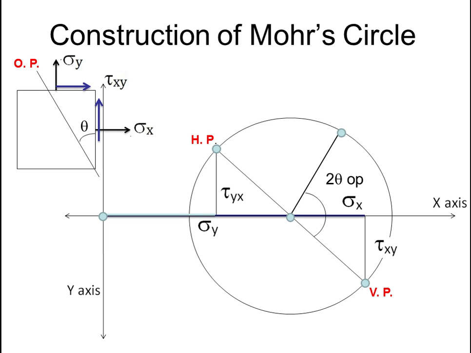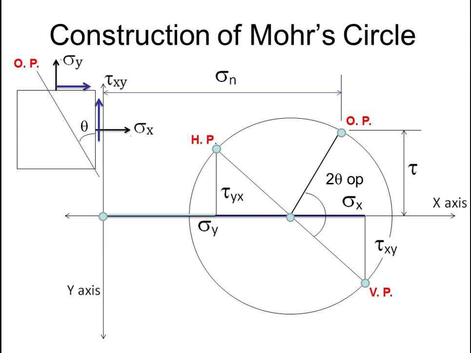So now this oblique plane has two coordinates, one on the x-axis, one on the y-axis. Whenever we measure this horizontal distance along the x-axis, it gives the normal stress. So the normal stress in the oblique plane is sigma n, and the magnitude measured on the x-axis is the normal stress, and the value along the y-axis is the shear stress in the oblique plane.